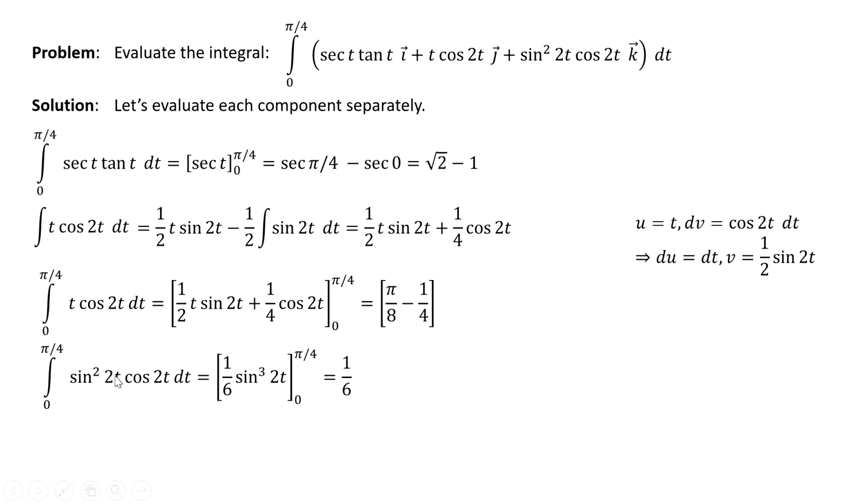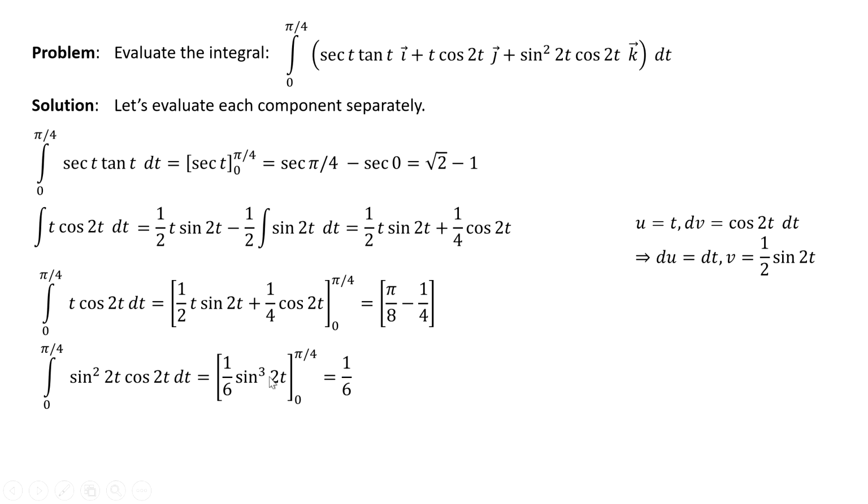Then 1/2 u cubed over 3, which is 1/6 u cubed, and u we said was sine 2t, so this became 1/6 sine cubed 2t, evaluated from 0 to pi/4.